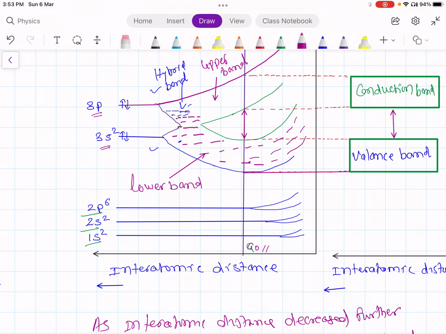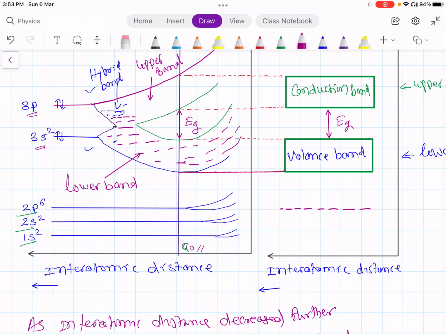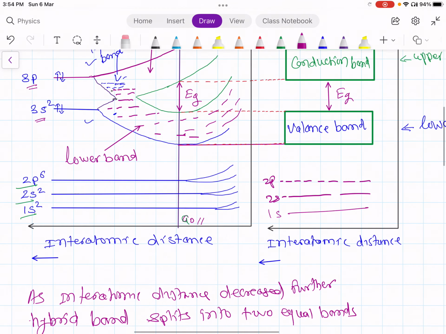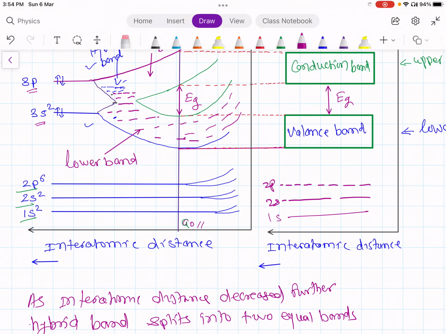In the band structure, there is no need to show the lines, but these are the lines for 1s, 2s, and 2p, because they are not splitting at all. So this is the band structure of silicon, and you know the band gap of silicon is 1.1 eV.